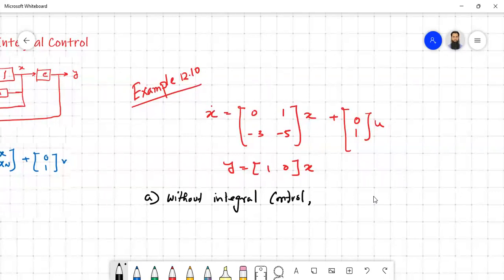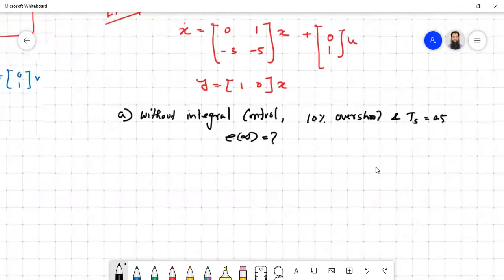The specifications given are 10% overshoot and settling time Ts to be 0.5. After designing the controller, for that control system, we have to find out what is our steady state error e infinity.